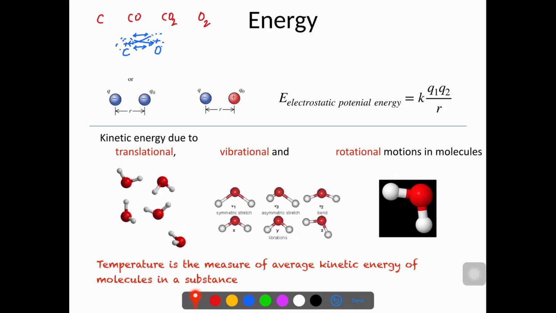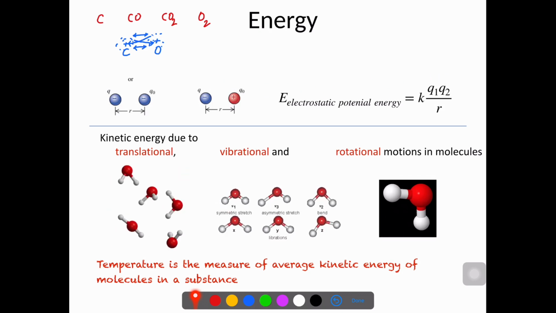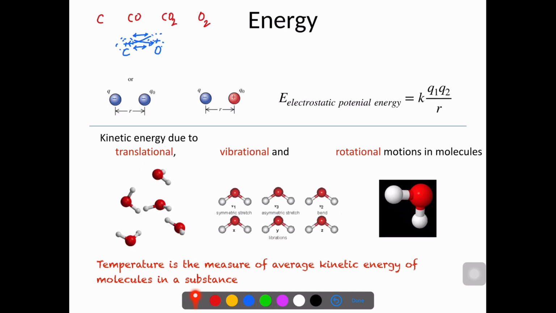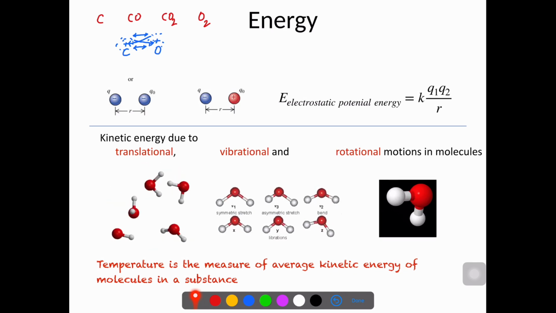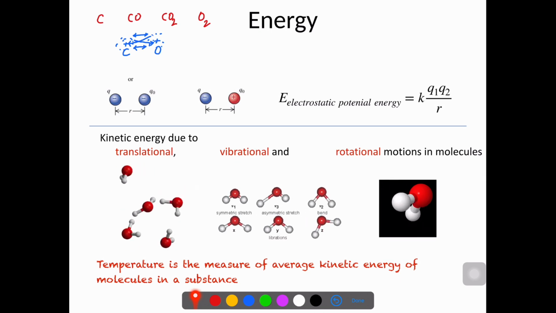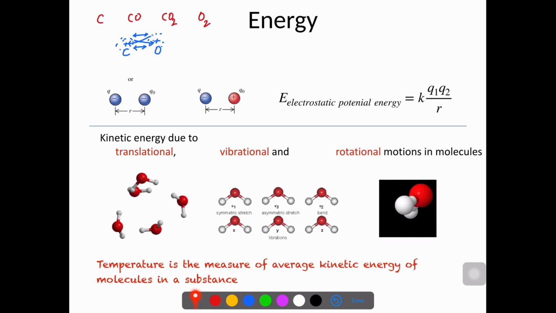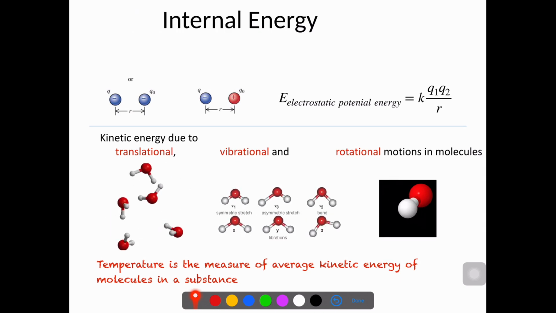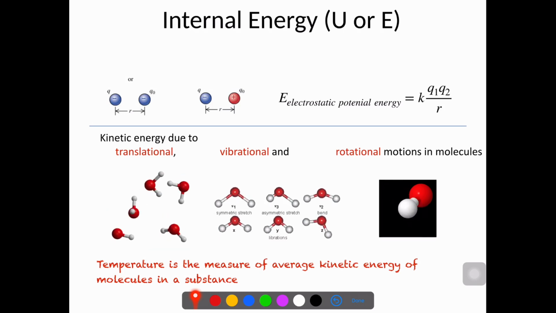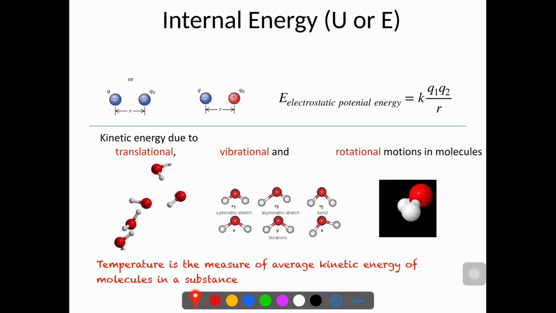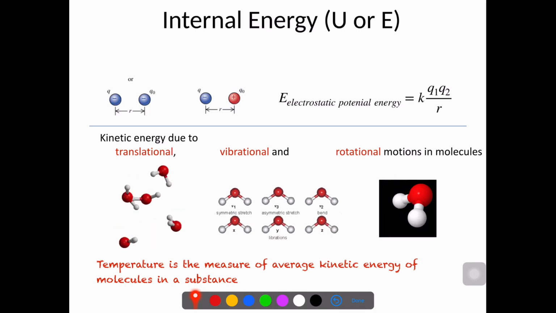Now, the sum of all the potential and all the kinetic energy within a substance is what constitutes the chemical energy of a substance. We're going to call it internal energy and represent it by the uppercase U or E. So what's internal energy?